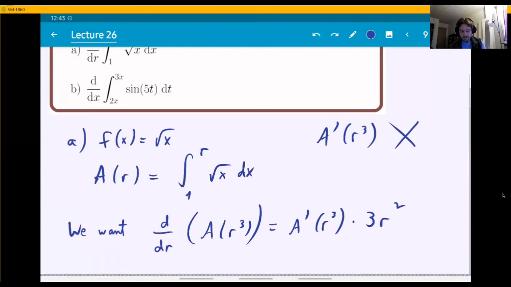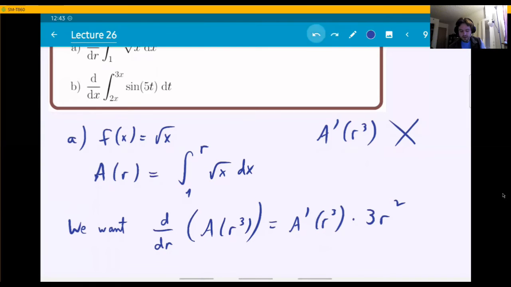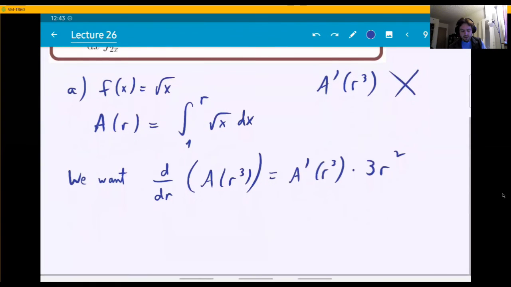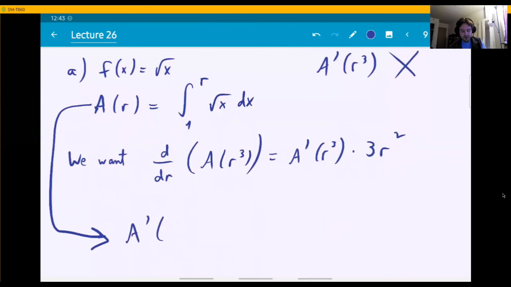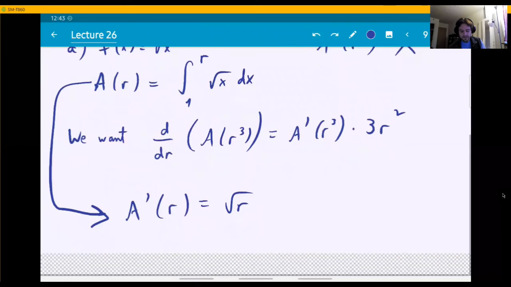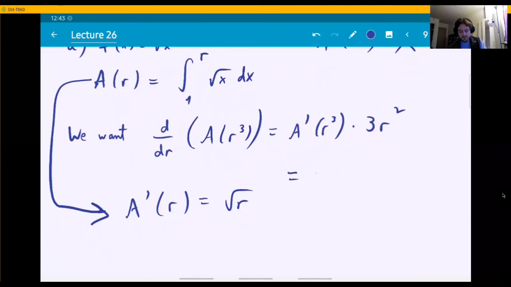But now this is okay because we know a prime of anything, according to the fundamental theorem of calculus, if that thing is r, is going to be square root of r. That's how the fundamental theorem of calculus works. So a prime of r cubed is going to be square root of r cubed. And that's the answer that you find for item A.